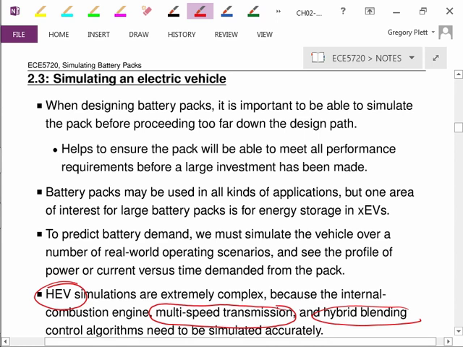Now that said, there are simulators that do that. Some years ago, when I began research in battery systems, the National Renewable Energy Lab sponsored a program where they made something called Advisor. And that stood for something, I don't remember what any longer, but that was a hybrid electric vehicle simulator that ran in MATLAB Simulink environment.